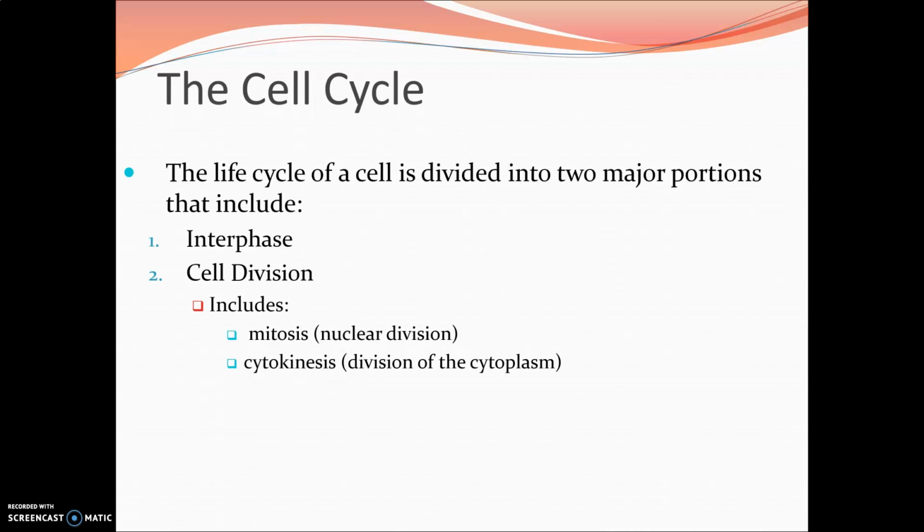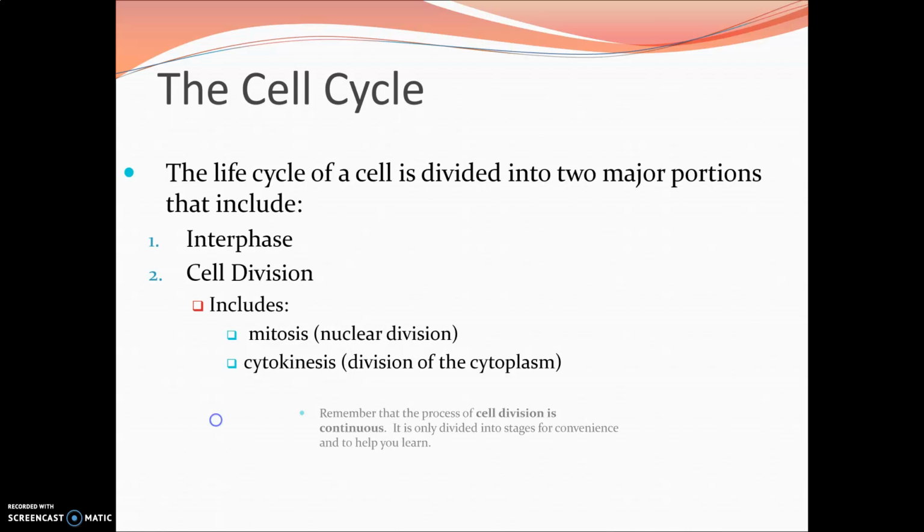Mitosis is where we make copies of DNA and divide up that DNA so each new cell that we make has the same genetic information. Then the second part is cytokinesis. This is the division of the cytoplasm and everything else inside of the cell.